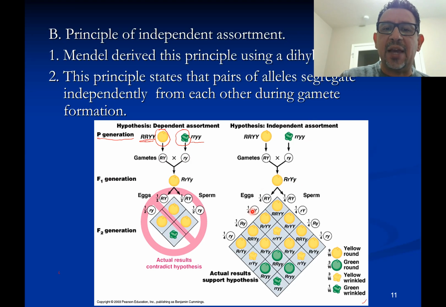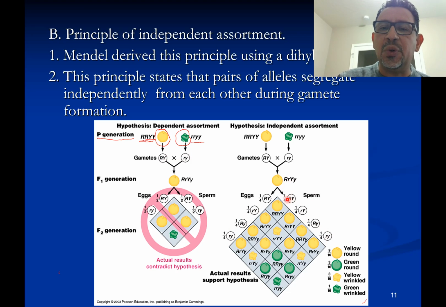And so here we have this capital R with lowercase y. Lowercase r can go with capital Y. We have that over here. And lowercase r can also go with lowercase y, and we have that represented in this situation. For the other plant responsible for making gametes, the same 4 types of gametes can be found.